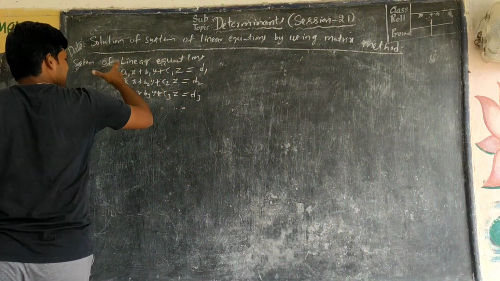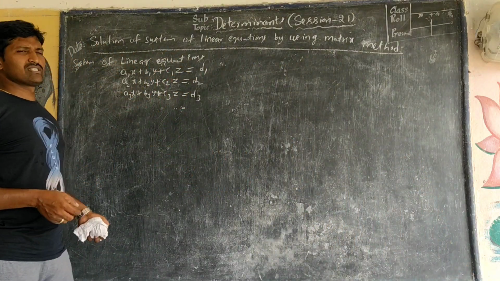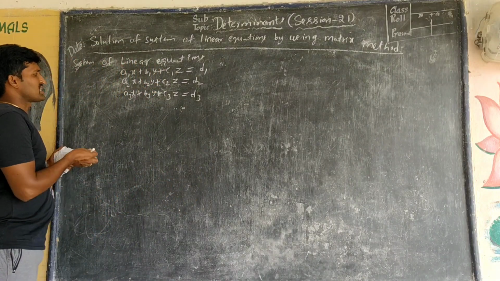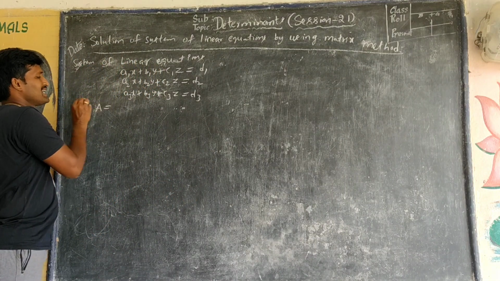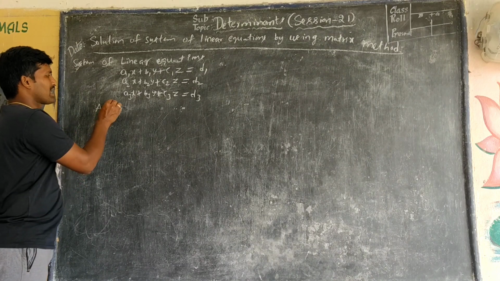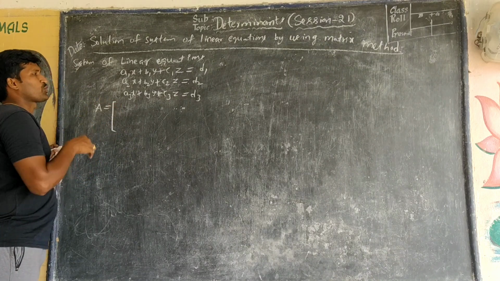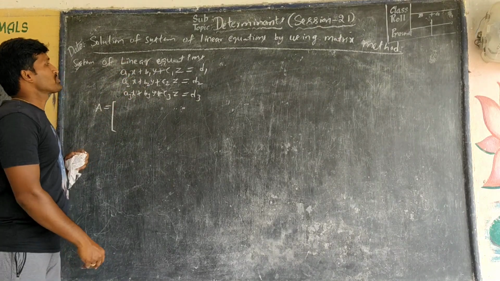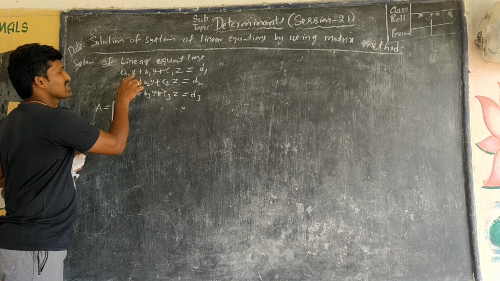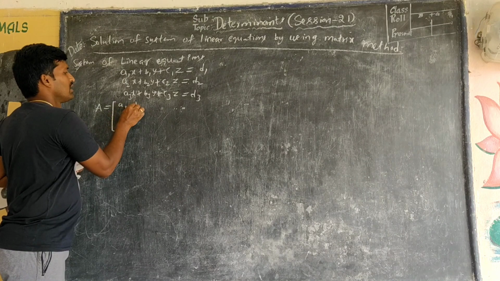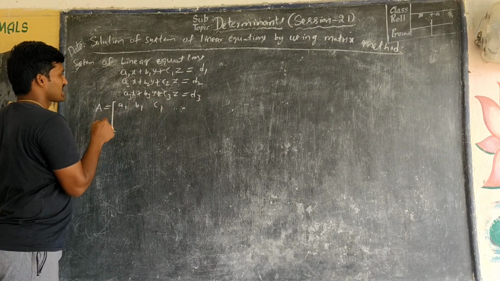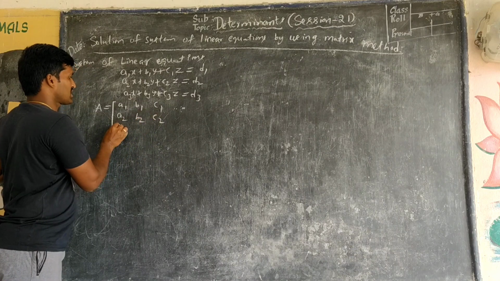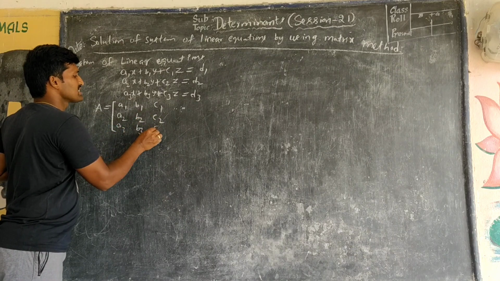Now from these equations, we need to write matrix expressions. First, the coefficient matrix A. It is called the coefficient matrix because we take the coefficients of x, y, z in each equation: the first row is a1, b1, c1, the second row a2, b2, c2, and the third row a3, b3, c3.